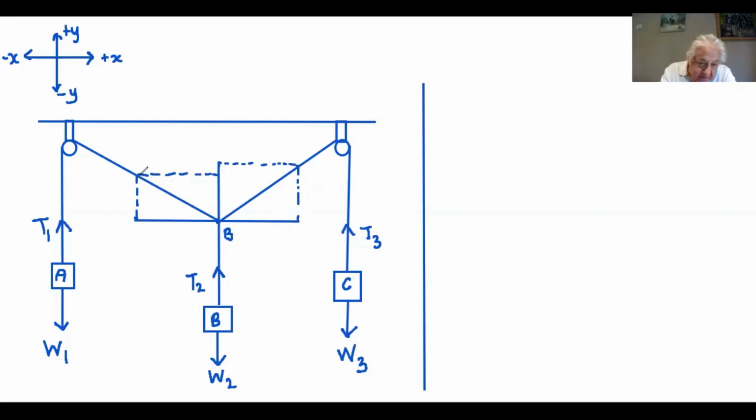I'll explain this later. I'm anticipating. I'm drawing this. I can draw my tension T1 there. We call this angle theta. And this angle phi. Let me do that better than that.